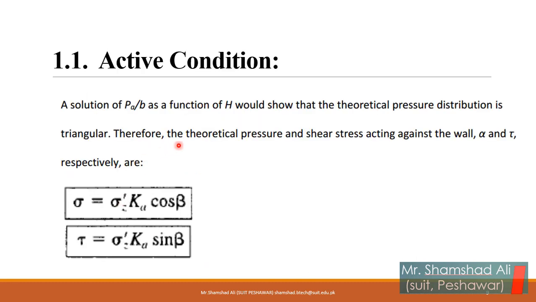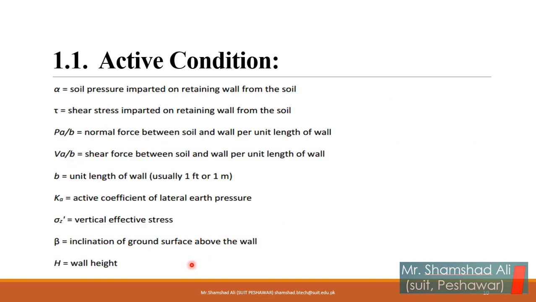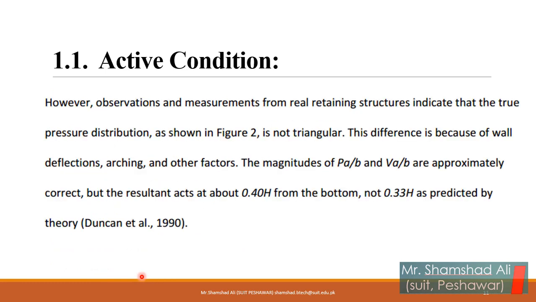And for the theoretical pressure and shear stress acting against the wall, the normal stresses and tangential stresses, you may use this type of equation. Here alpha, normal stress, unit length, active earth pressure, inclination of the ground, and the wall height are defined.